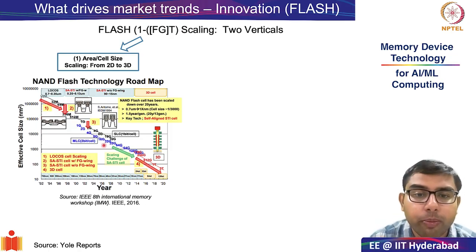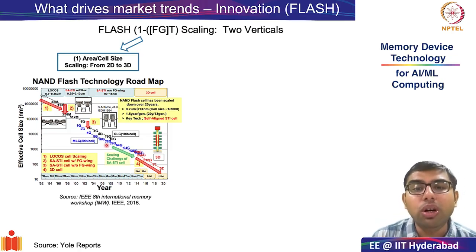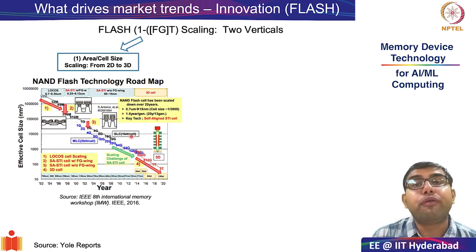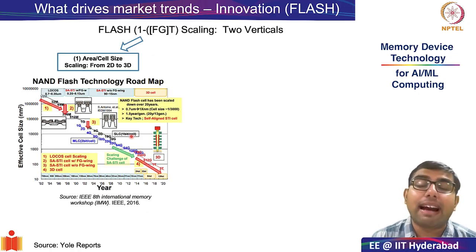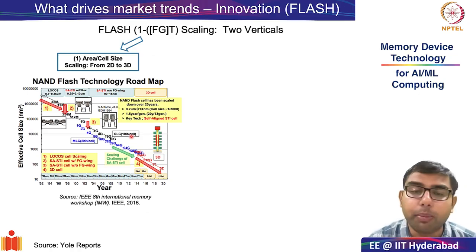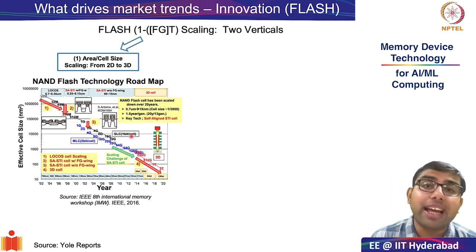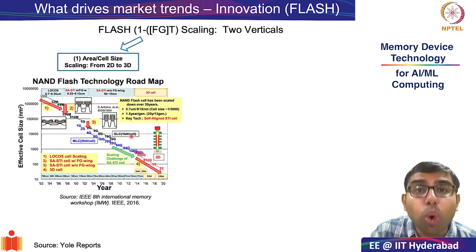Through this technique, you were easily able to reduce the effective cell area, or in other words, improve bit density. But around the 20 nanometer node, people realized that further scaling of 2D NAND flash is no longer feasible. When we study NAND flash, we will go into exact details of why, but I can give you a hint. Remember, NAND flash was all about storing charges in the trapping layer.